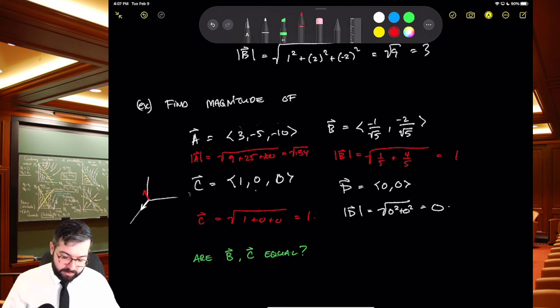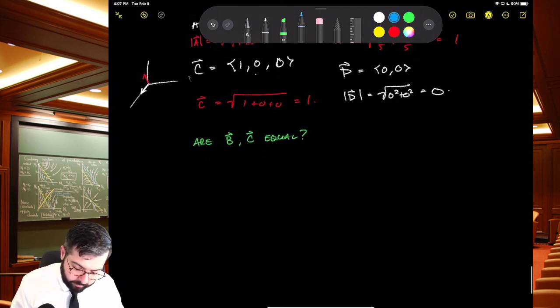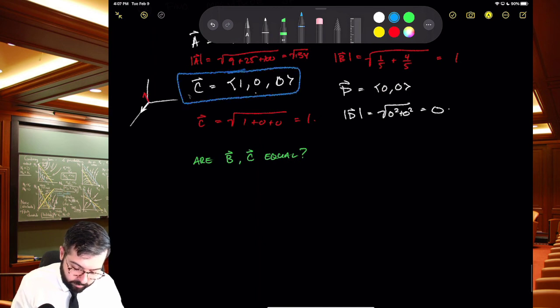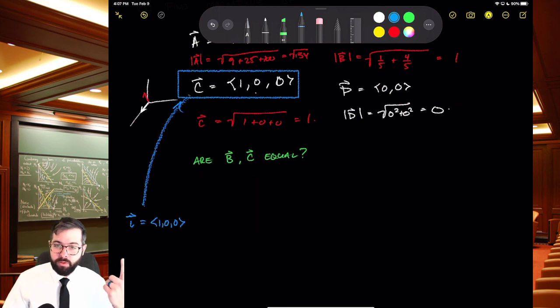So good stuff. C is actually one of those special vectors. This is one of the standard basis vectors. This is actually i. It has a magnitude of 1, and it's pointing purely in the x direction.